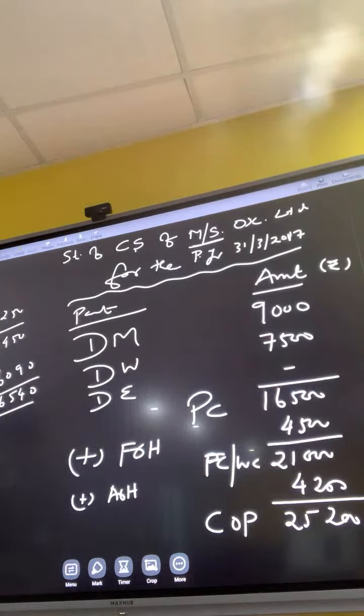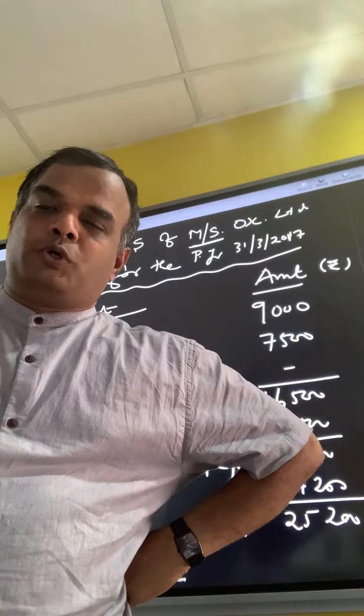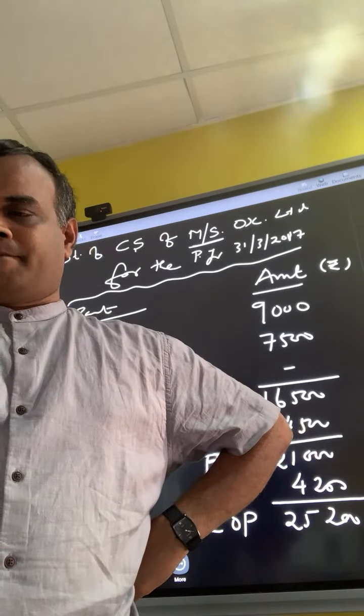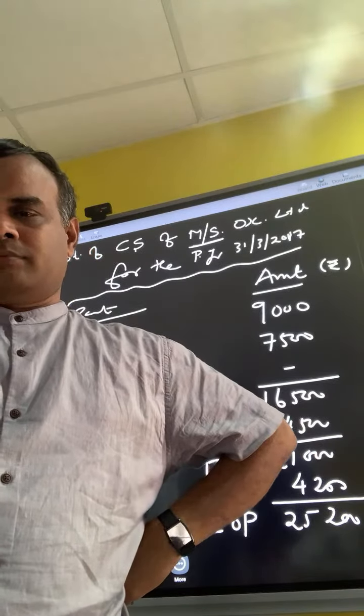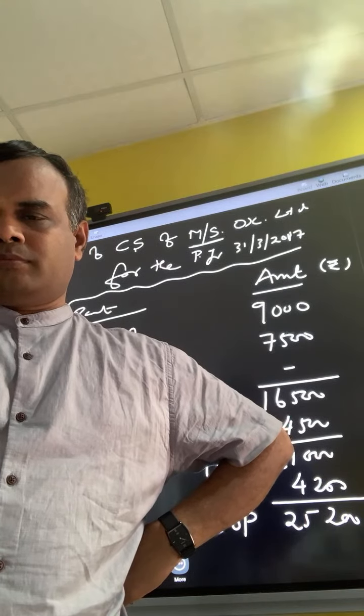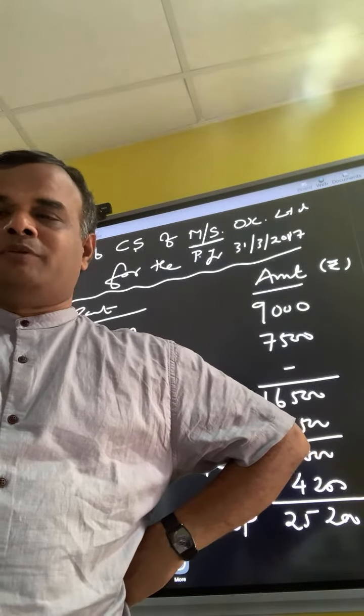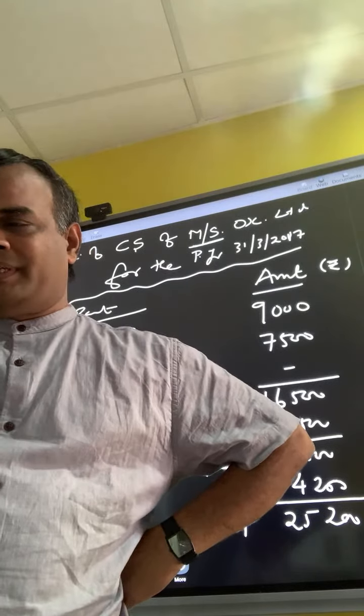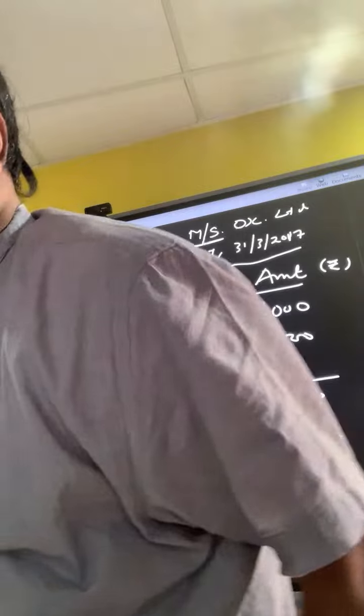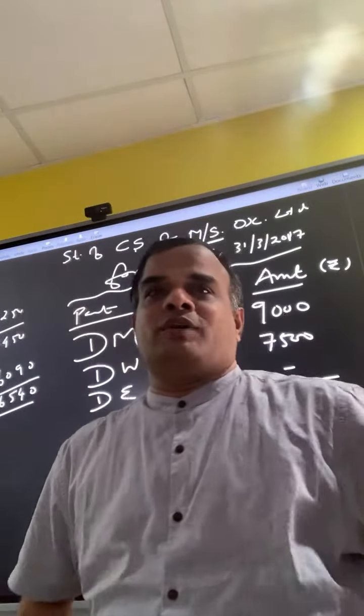Make a total. 77,500 is called cost of goods available for sales. Good.